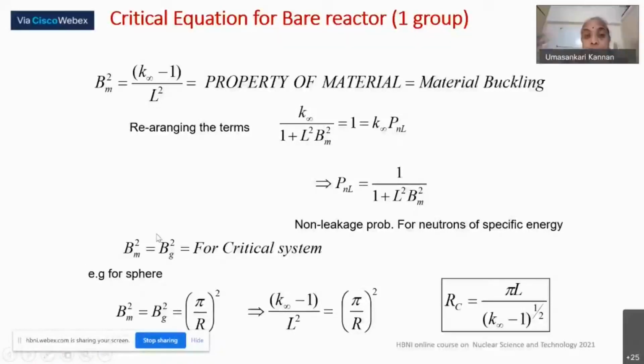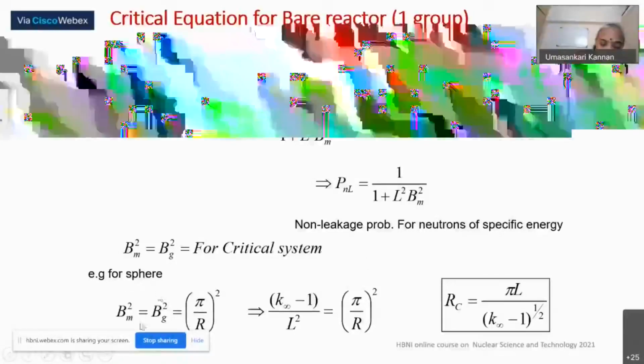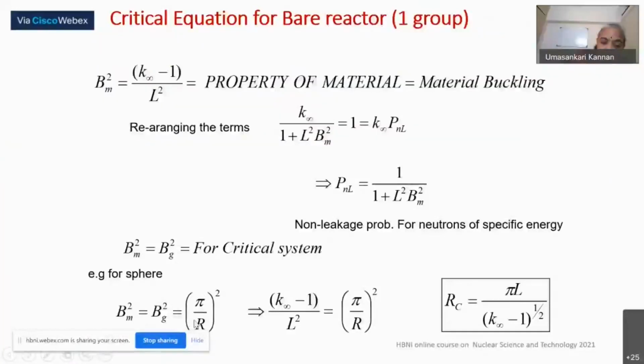That is, how much fuel should I put into the reactor? That would depend upon the material properties and the size of the reactor. So if Bm square is equal to Bg square, then we have a critical system. For example, let us consider a small sphere. For a sphere, the buckling B square is given by pi by r the whole square.